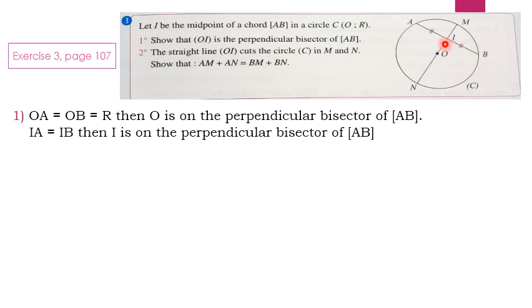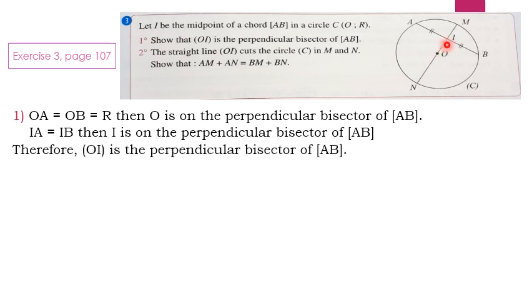Okay, but they didn't tell me that they are perpendicular. So what to do? O is equidistant from A and B, then O belongs to the perpendicular bisector. I is also equidistant from A and B, so I also belongs to the perpendicular bisector. Then I can say that the line OI is the perpendicular bisector of segment AB.